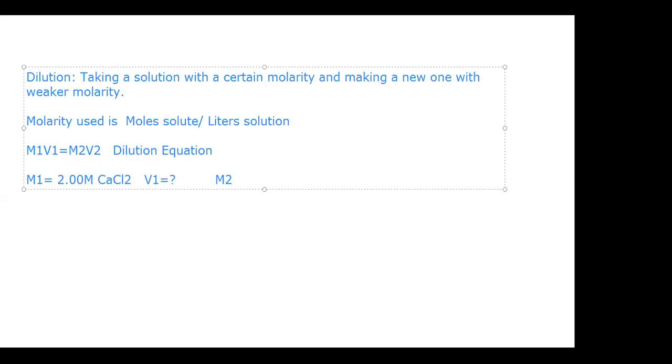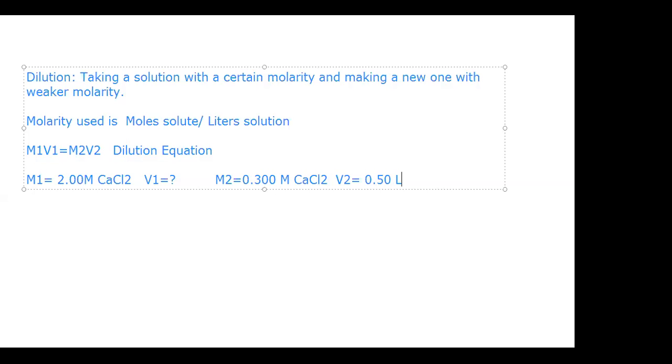Our M2, the dilution molarity that we're trying to reach, is 0.300 molar CaCl2, and the volume, our V2, that we're trying to get to is 0.50 liters.